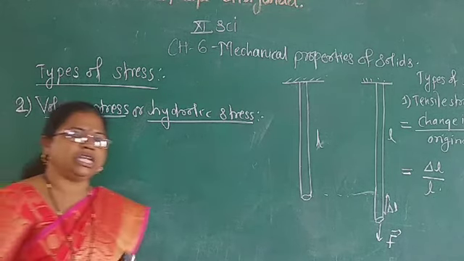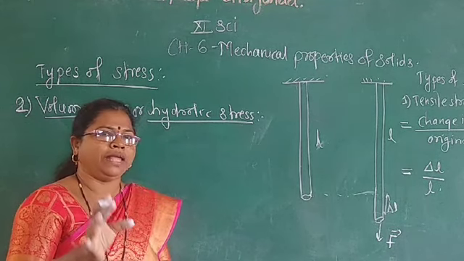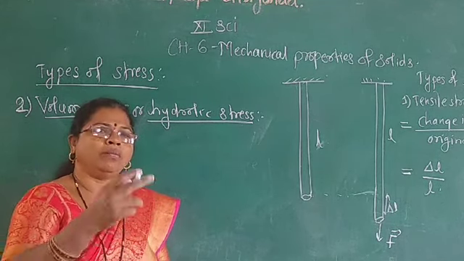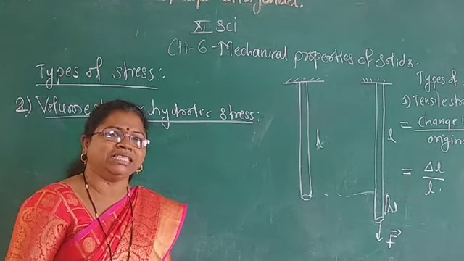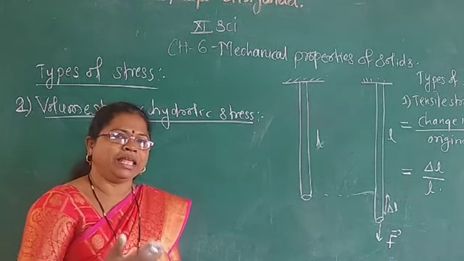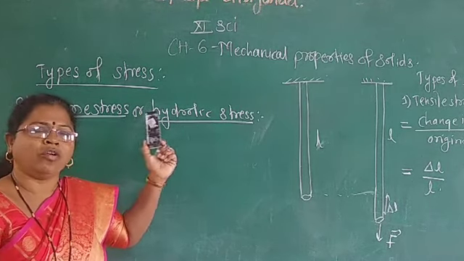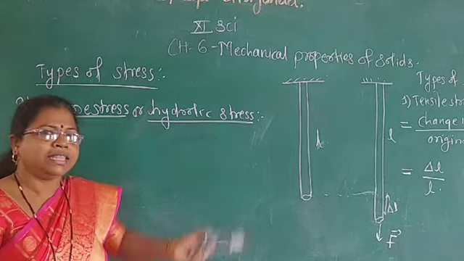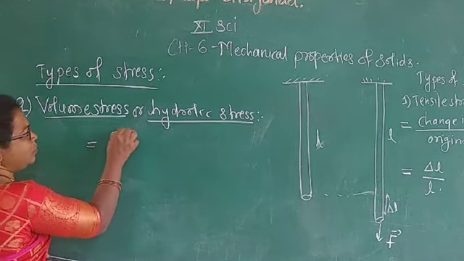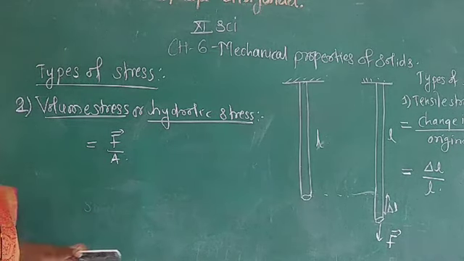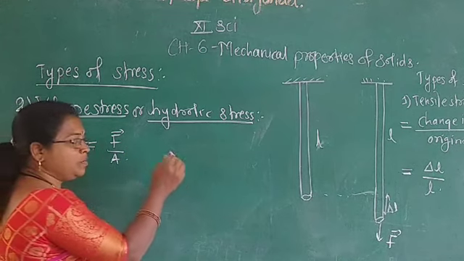When there is a change in dimension as a volume. That means the volume of the solid changes without change in its shape. Then at that time it is called hydraulic stress or volume stress. In this case also, volume stress is equal to applied force per unit area. Same unit, same dimension. What is the example of this?